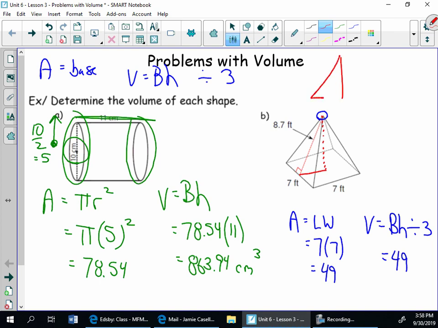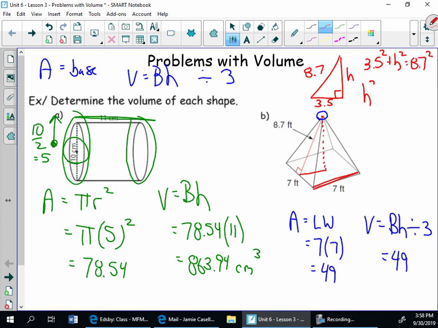This is going to be a Pythagoras question. I know I've got 8.7 as my slant height. I know the whole bottom is 7 all the way across, so half of that must be 3.5. I don't know how tall that is. That's the height that I need. So, a squared plus b squared equals c squared.